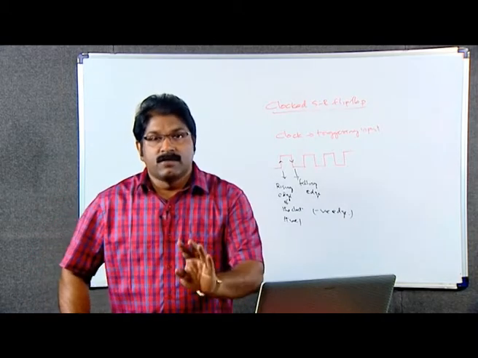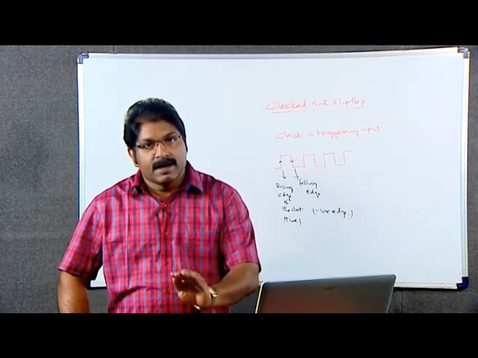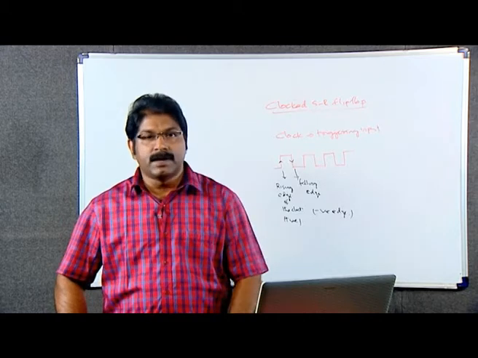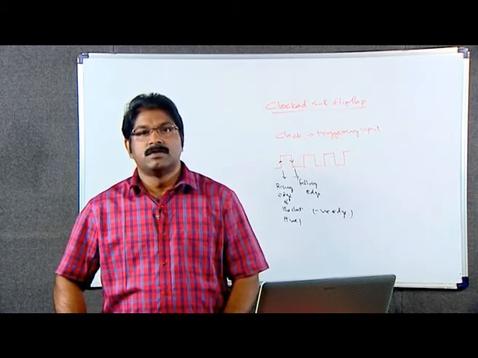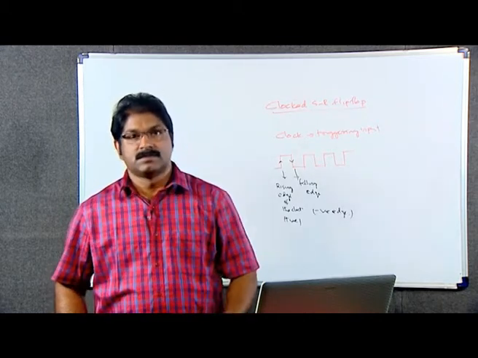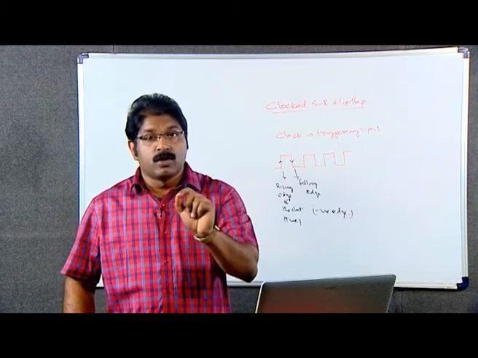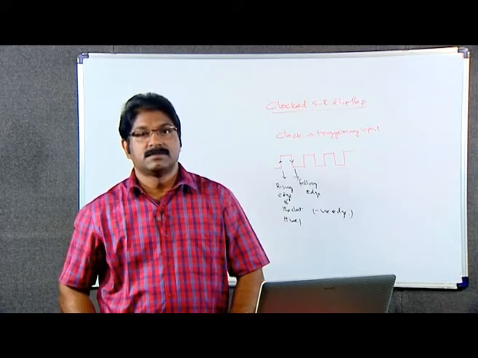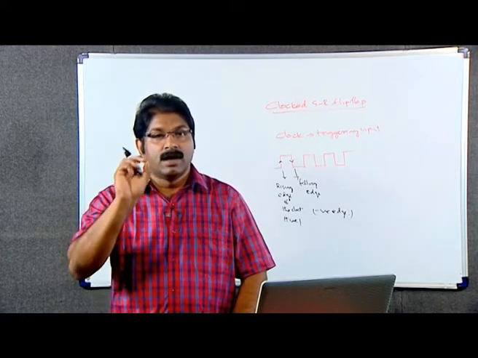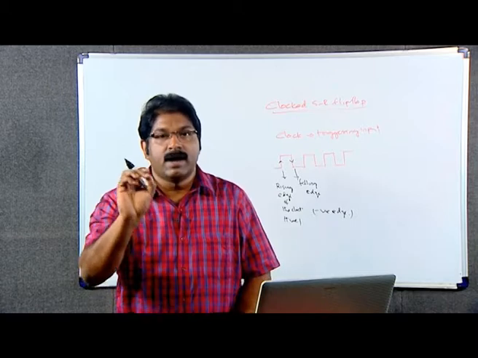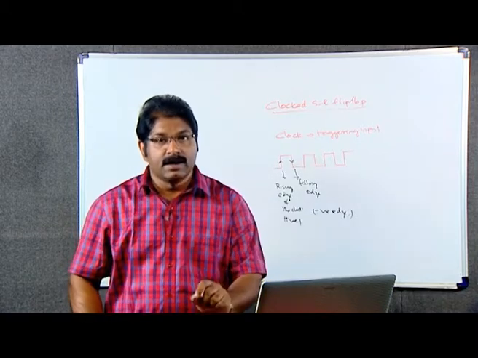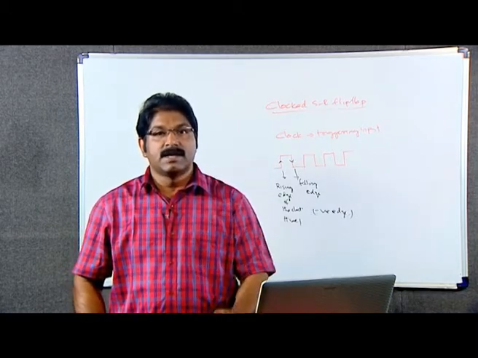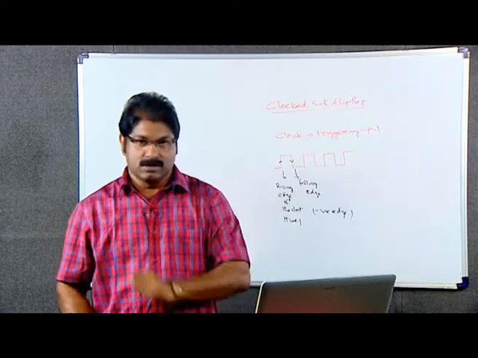A clocked SR flip-flop is like an SR flip-flop, but with an extra input of a standard clock pulse. The outputs Q and Q complement will not change in a clocked SR flip-flop until receiving a signal from the clock.